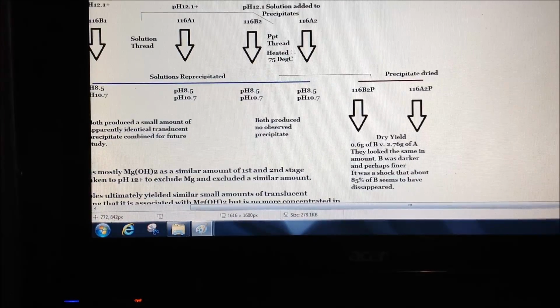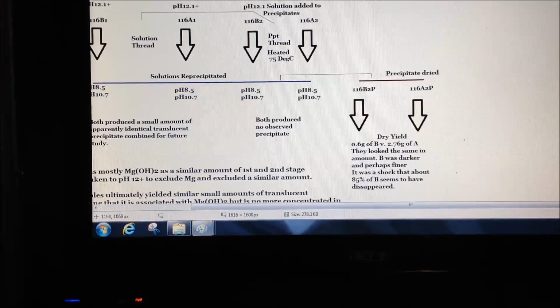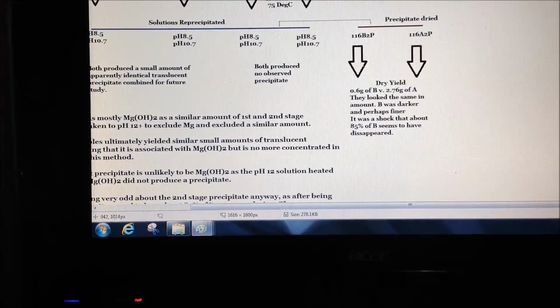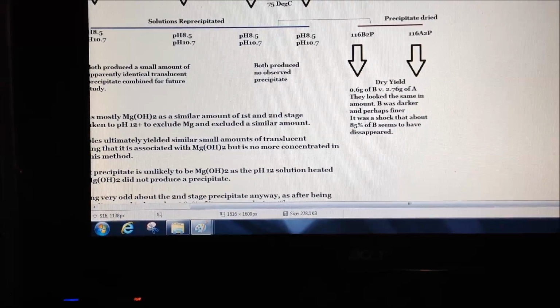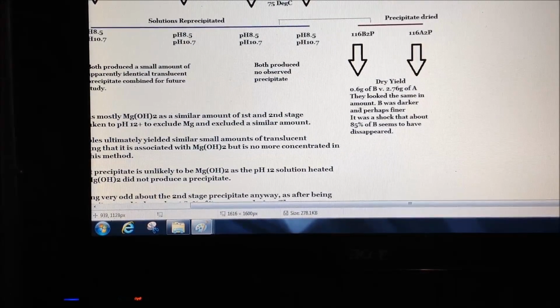The precipitate itself that was taken off from the heated sample and dried, we had something very unusual happen with that, in that the second stage precipitate, which is supposedly M state, did show a difference here.